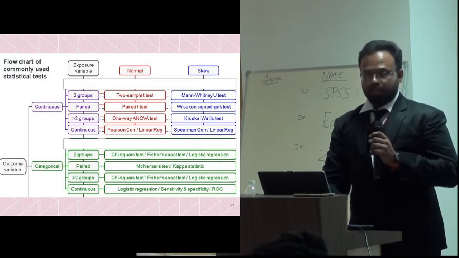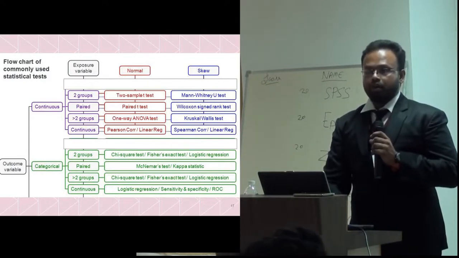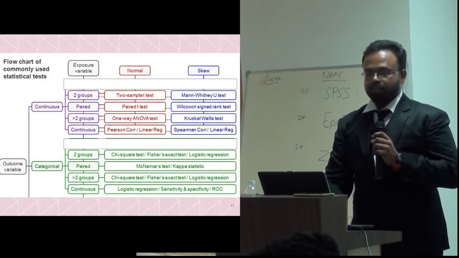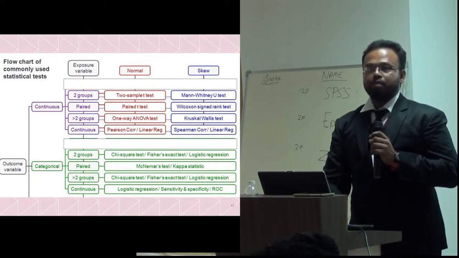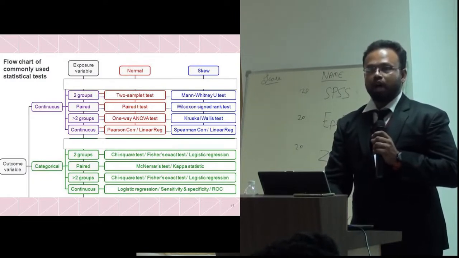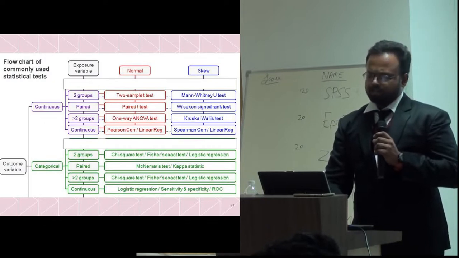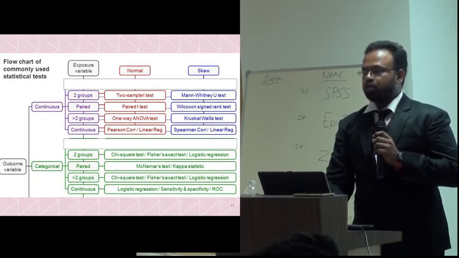If the data is paired, suppose it is BP before intervention of the drug and after intervention of the drug, and the data is normally distributed, then you need to use paired t-test, and if skewed, Wilcoxon signed rank test. More than two groups, for example rural, semi-urban and urban, then you need to use one-way ANOVA, and the counterpart for skewed data is Kruskal-Wallis test.